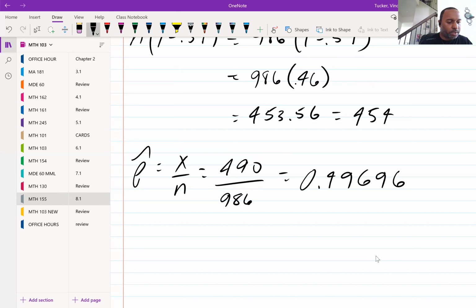So 0.49696. Let's see how many decimal places they want. 4. So they wanted 4 decimal places for p hat.